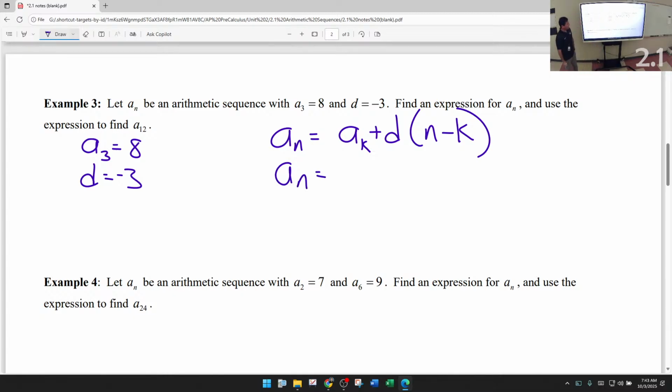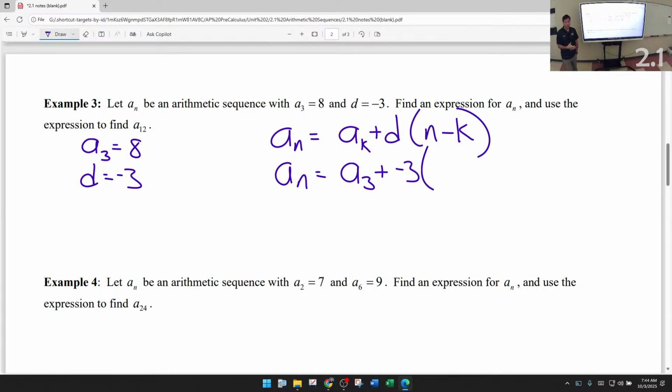A sub k, well, now I'm going to go to what they gave me. They gave me a sub 3. So I'm going to do a sub 3 plus, well, I probably should have said minus because D is negative. Okay, so I'll just do a plus and negative. N is always the variable.